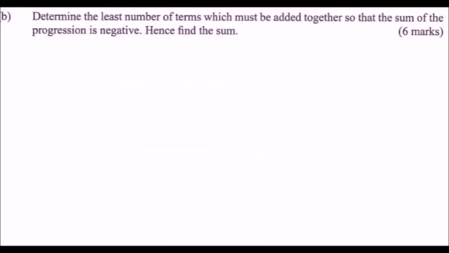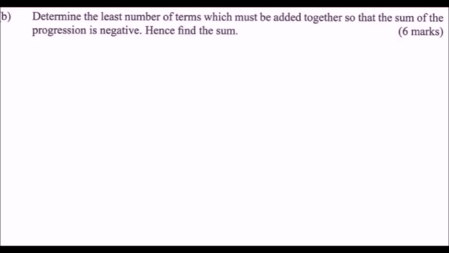So part B: determine the least number of terms which must be added together so that the sum of the progression is negative. Hence, find the sum. So if the sum is negative, to get the least number, it means that this sum must be less than 0.